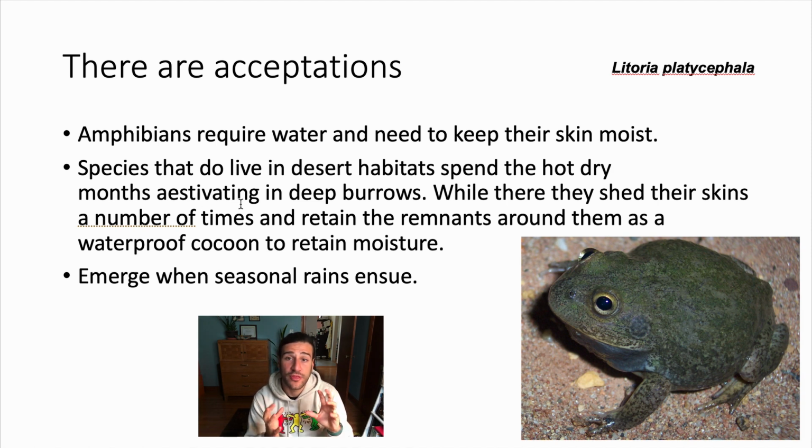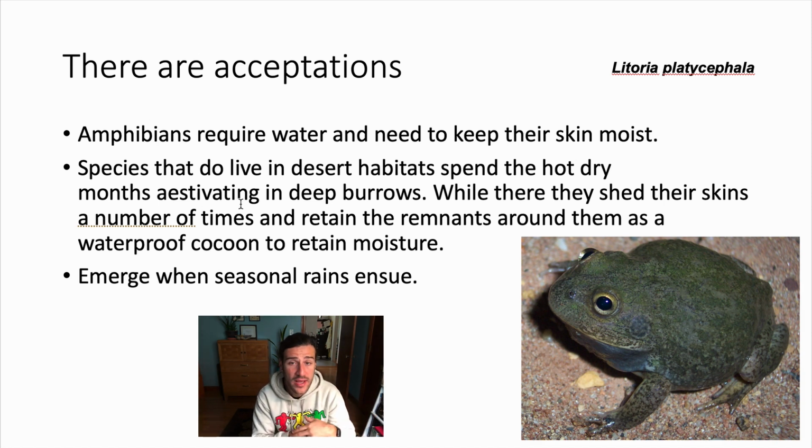And they don't just move their skin off of them. They actually live in a cocoon made out of their shed skin. And this is a waterproof cocoon, and that retains their moisture, which is crazy.